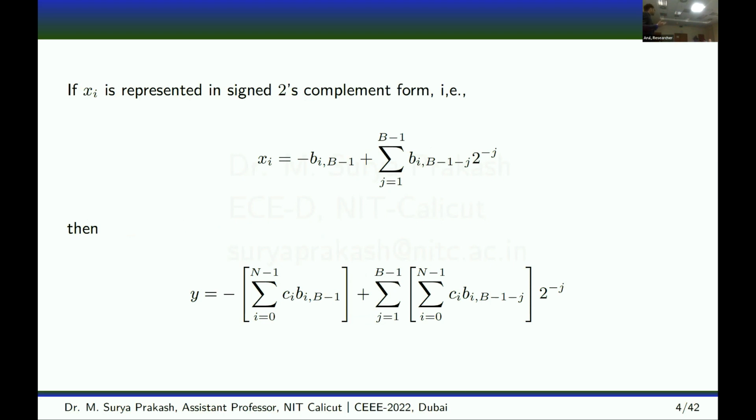Xi can be a negative number too, and in that case we can go for signed 2's complement representation. The first equation is the signed 2's complement representation of Xi. In that case, the final dot product expression is reduced in this manner. Here we have the first term taking a negative sign, and the next term is the same as that of the previous equation.